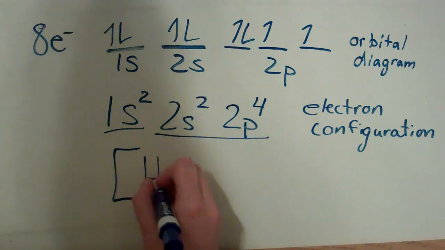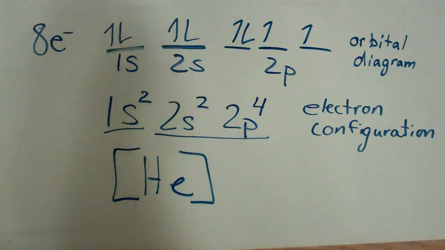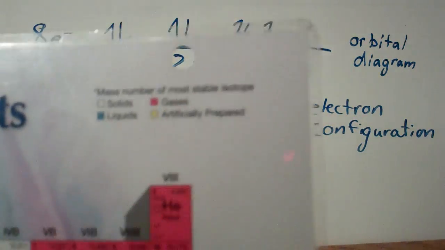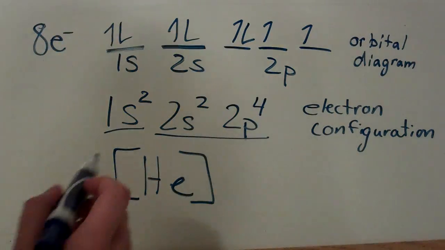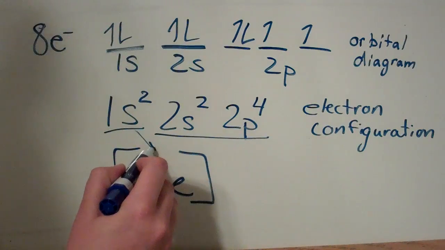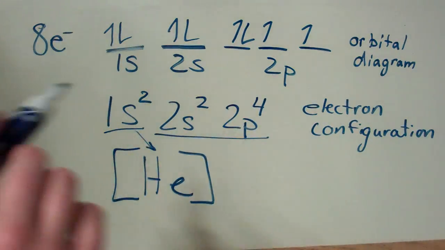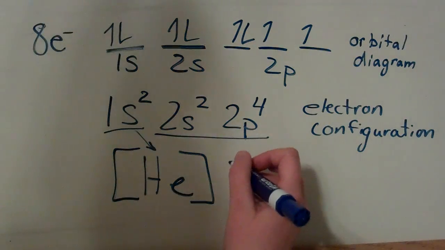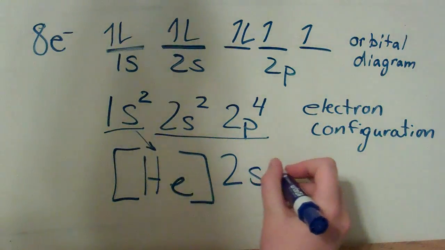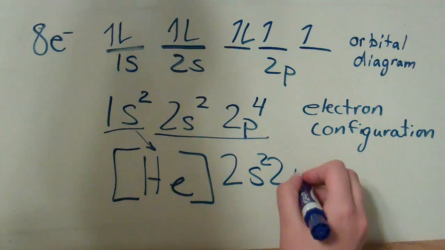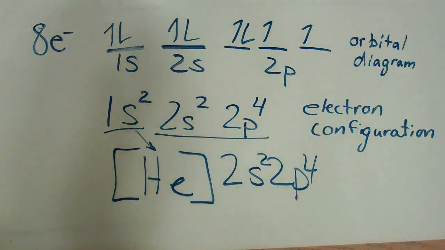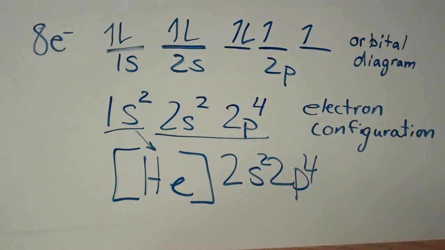So helium, we write that in brackets. Helium has 2 electrons, so those 2 electrons mean that helium represents our 1s. That means we don't have to rewrite the 1s, but we write everything after helium. So that would be helium, 2s2, 2p4. That's how you would write it.